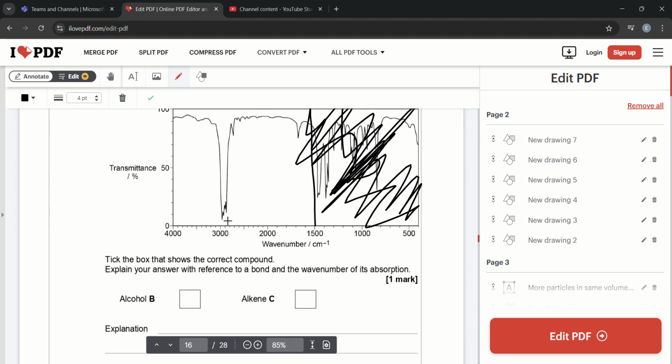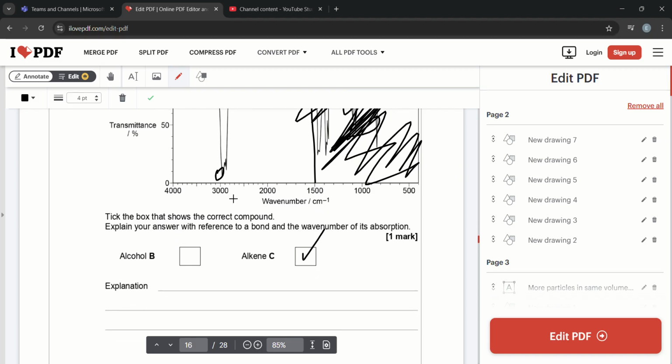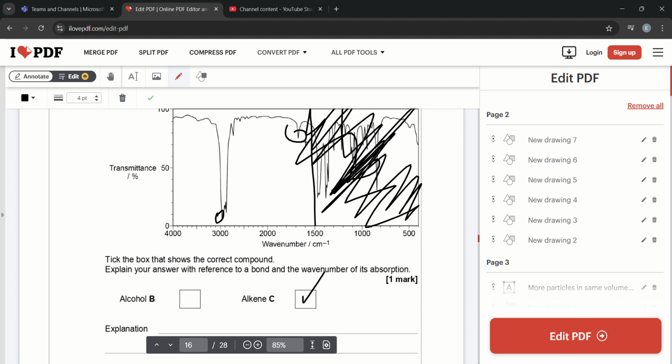So because it has a peak here, which one is it going to be? It's definitely going to be C, because that is around 1620 to 1680, and that's where the peak is, and that represents a C double bond C.